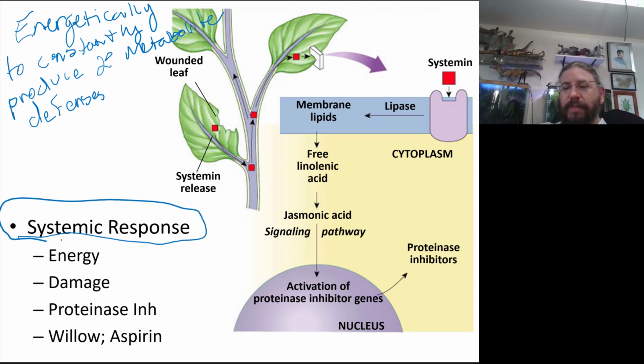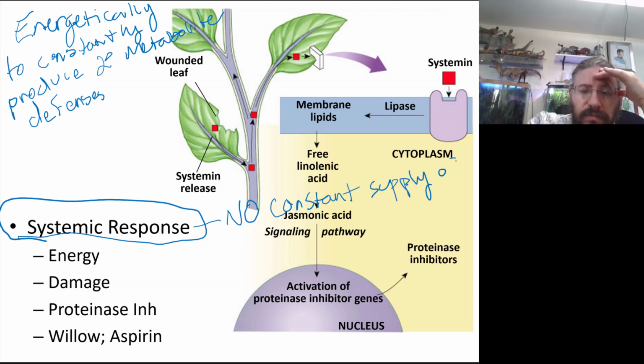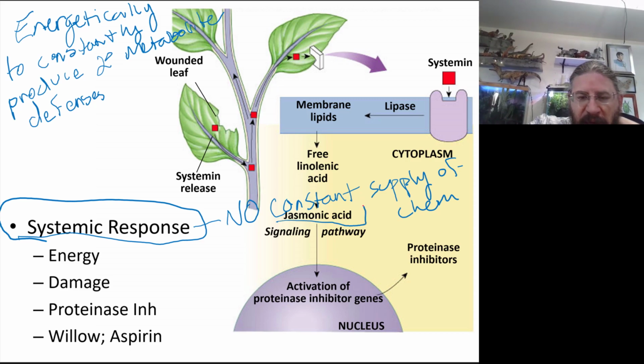So the systemic response is when, instead, you do not have a constant supply of defensive chemicals. Right? You're not constantly storing. In this case, jasmonic acid in the tomato.